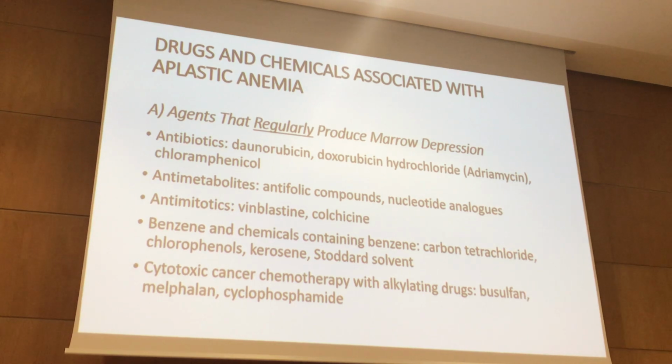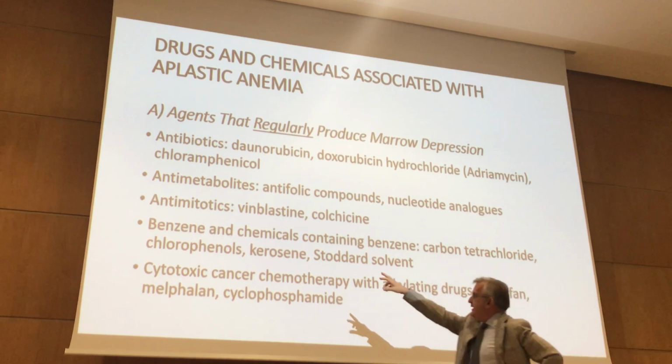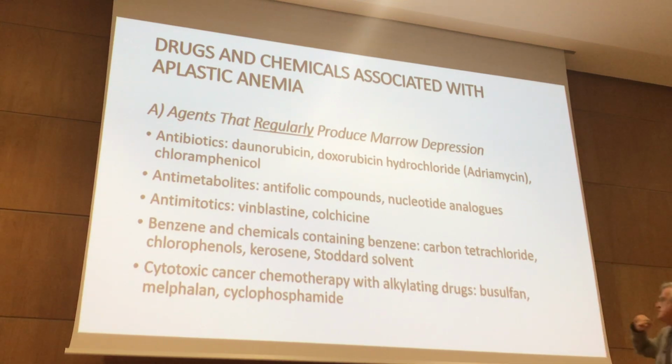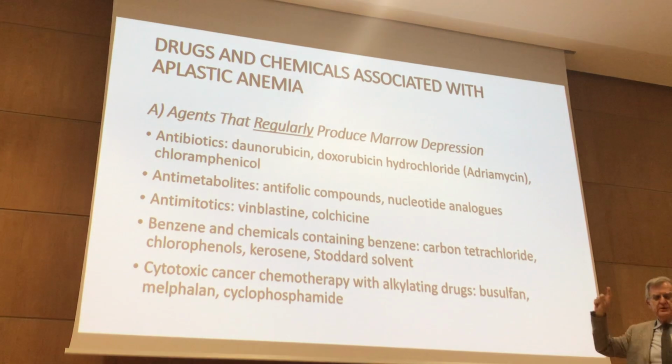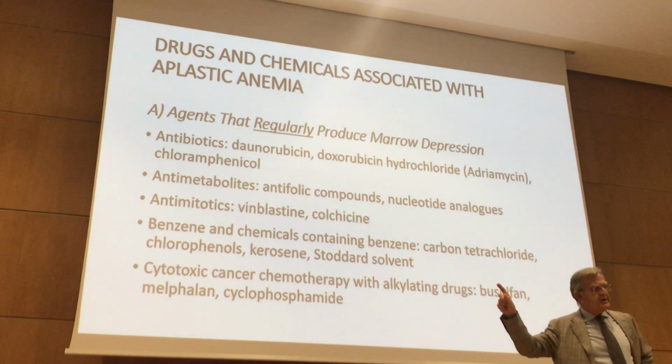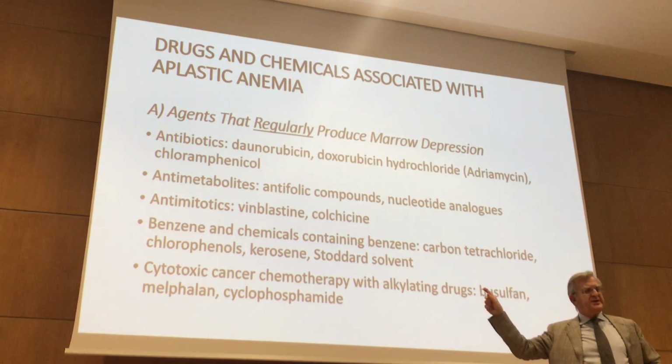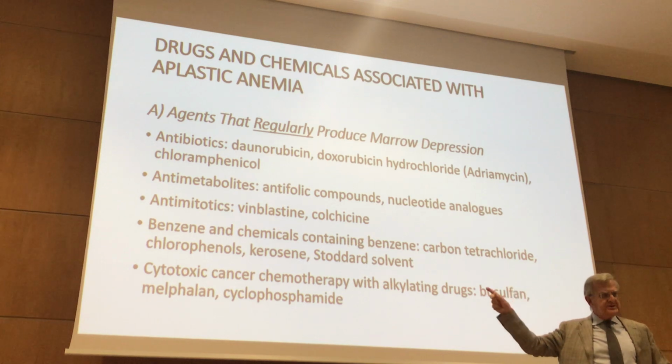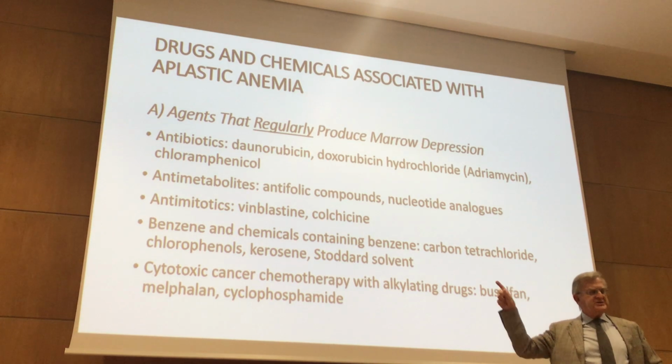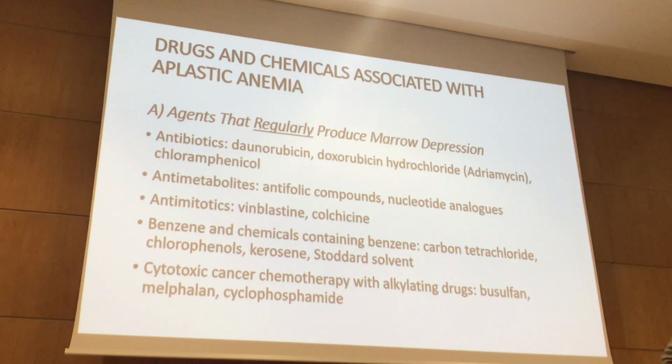In addition to that, benzene and other chemicals containing benzene are important. These are among the first chemical agents that were recognized to cause aplastic anemia. Industry workers working with benzene or such products were exposed to those agents, and a lot of cases were diagnosed with aplastic anemia.